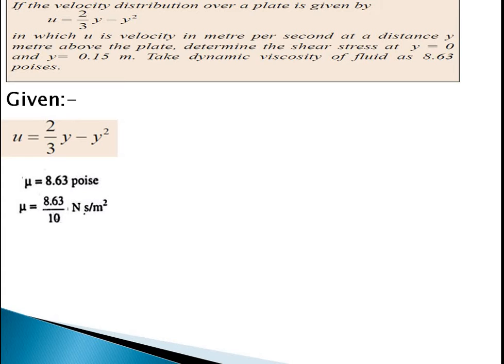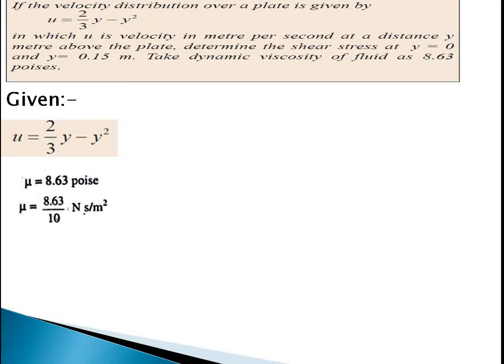So this equation is required to be solved by putting the boundary conditions, and for that purpose boundary conditions are also given. That is, at y is equals to 0 and at y is equals to 0.15 meter, we have to calculate the value of u. And here the viscosity constant is also given as 8.63 poise.